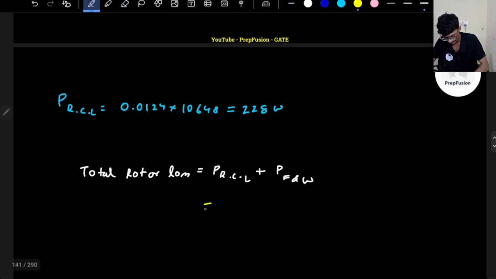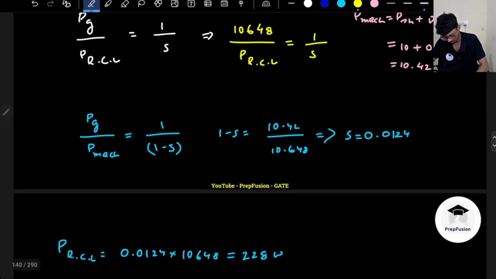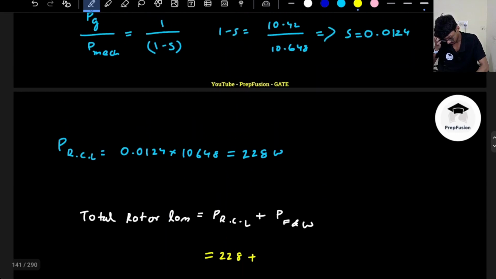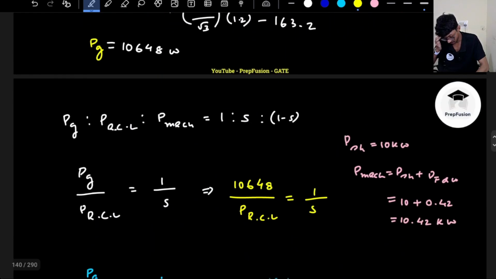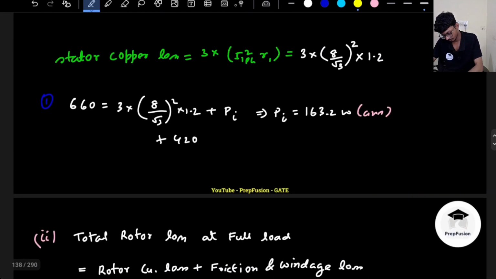Rotor copper loss is 228 and friction and windage loss is 420 watts, right?